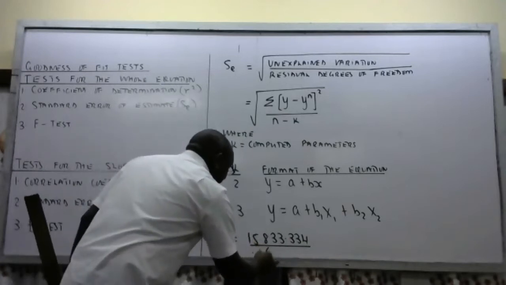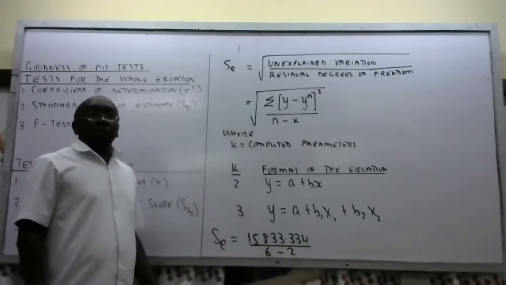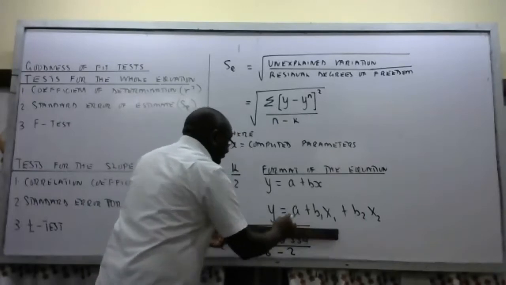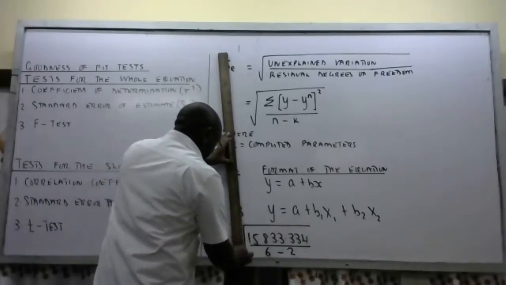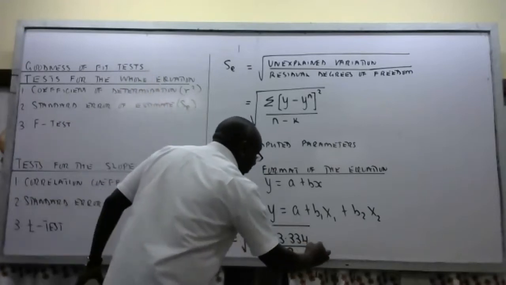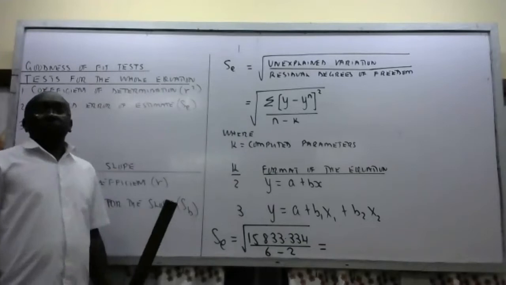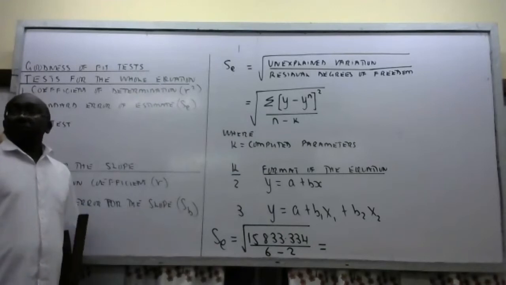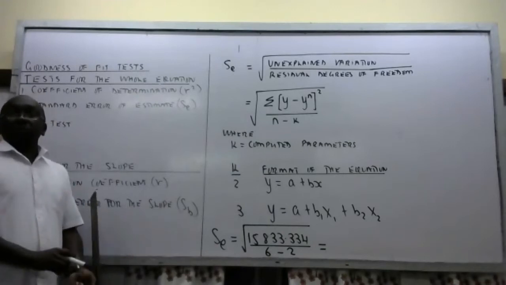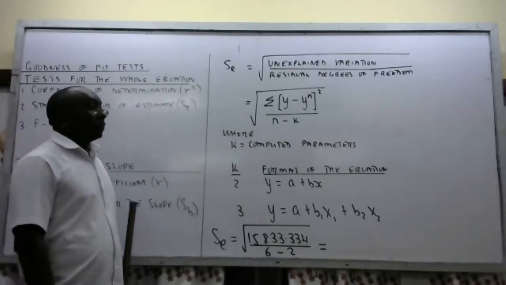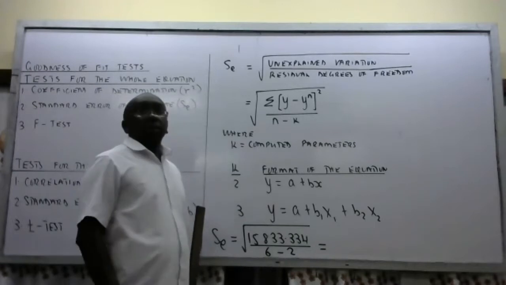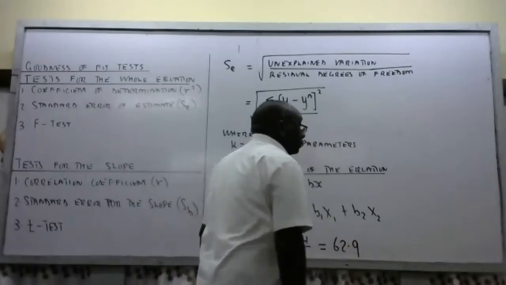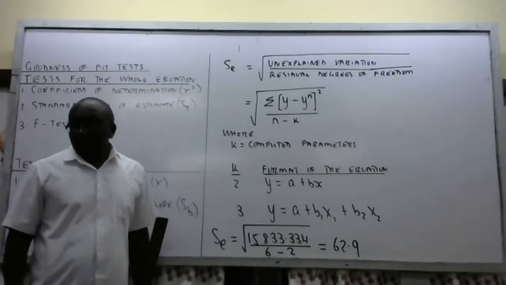So n is 6 and k is 2, because that's the format of the equation. Then you give me the square root. 62.9.